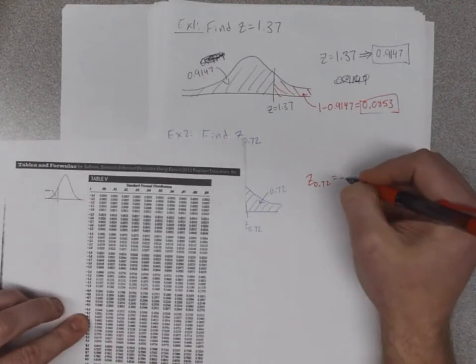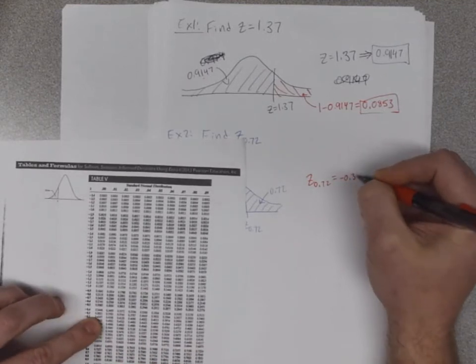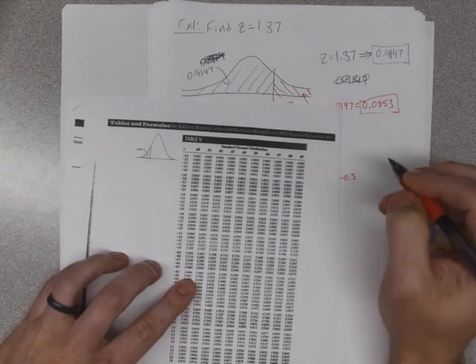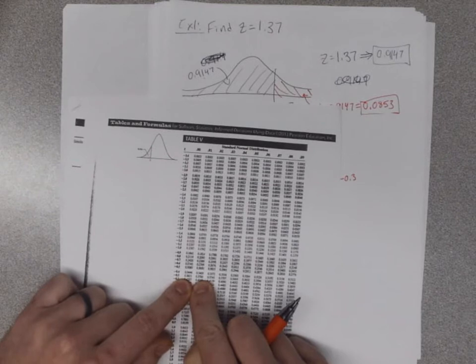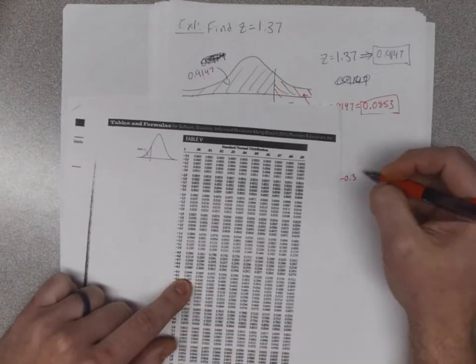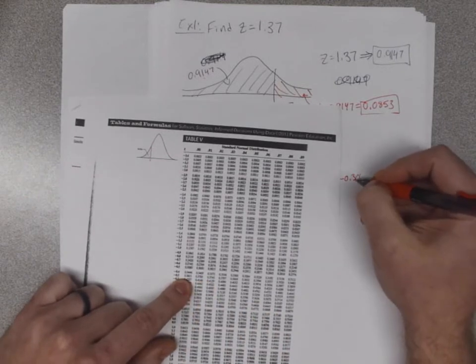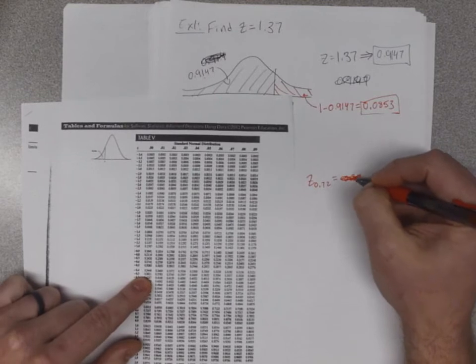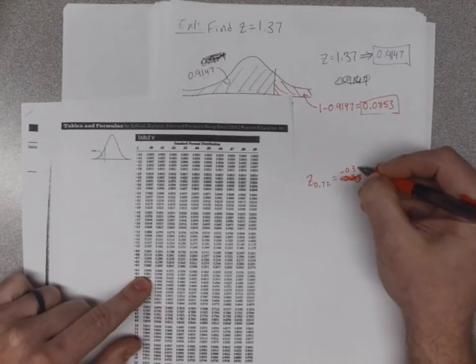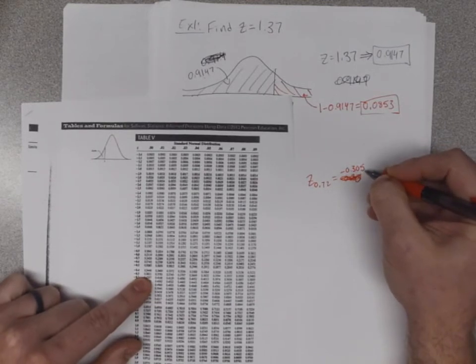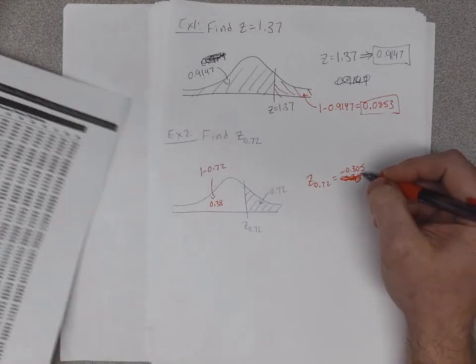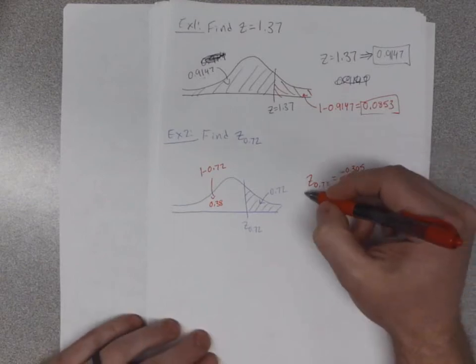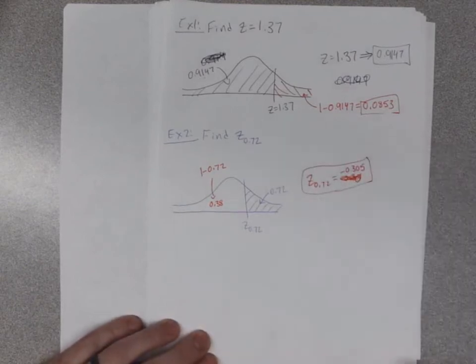So it's negative 0.3, and it's in between 0.00 and 0.01. So I'm going to say negative 0.305. So that's how you find that portion.